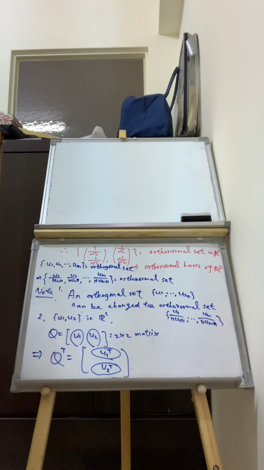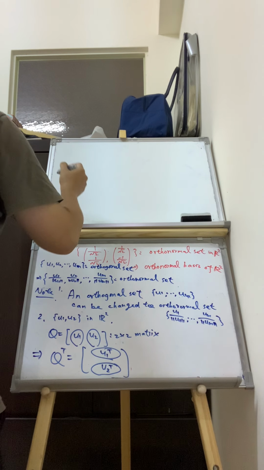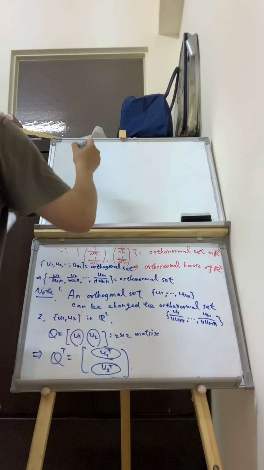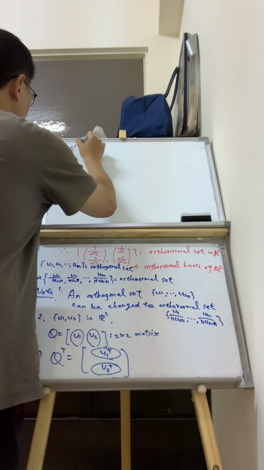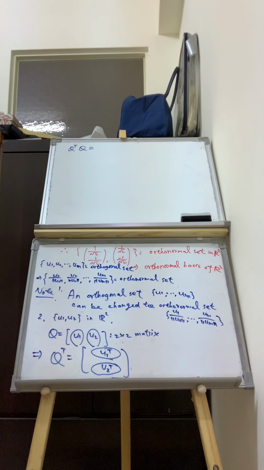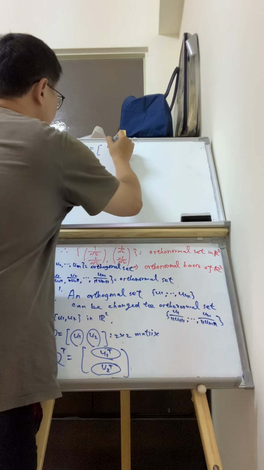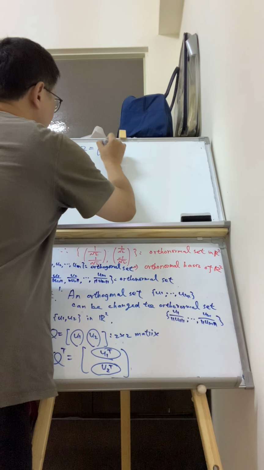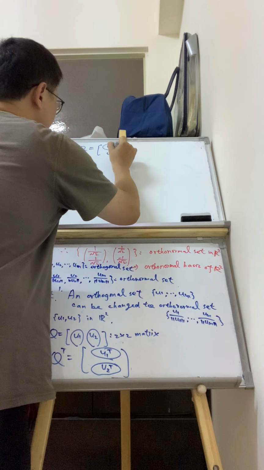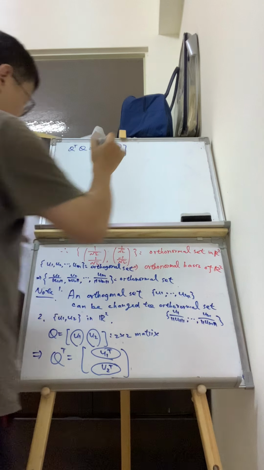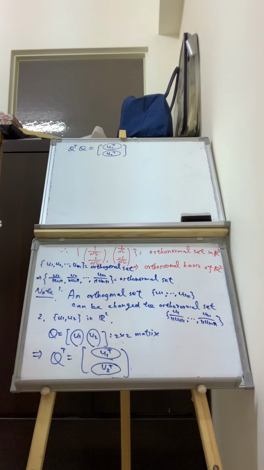So what's the product Q transpose Q? Here is U1 transpose in the first row, U2 transpose in the second row, right?